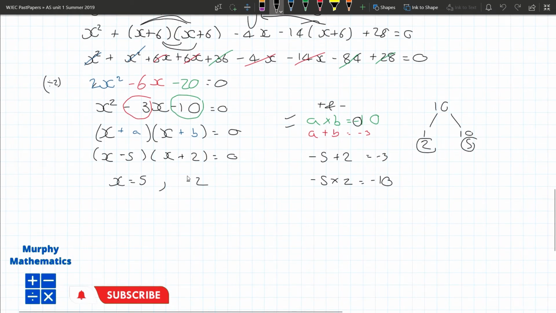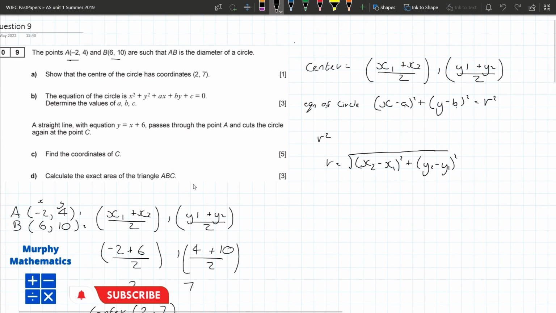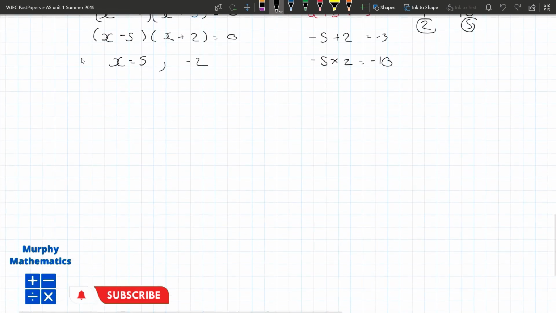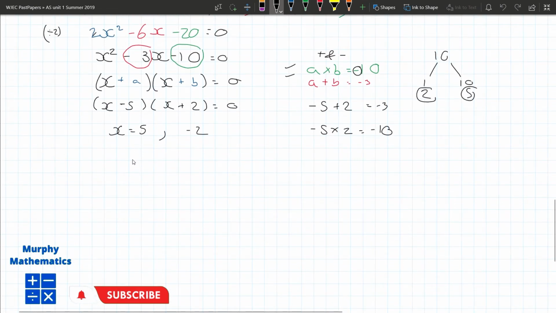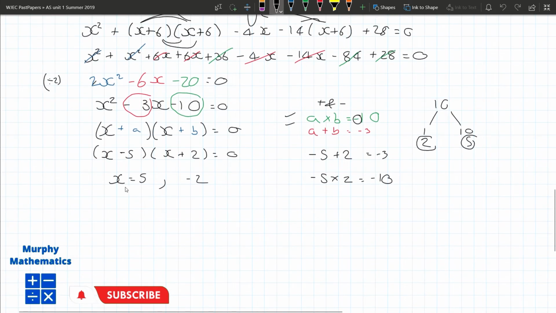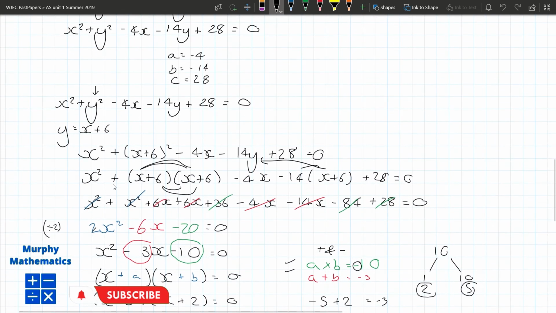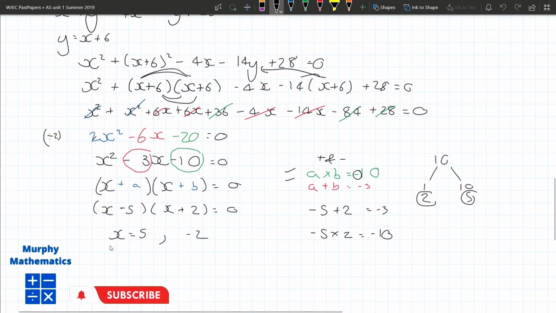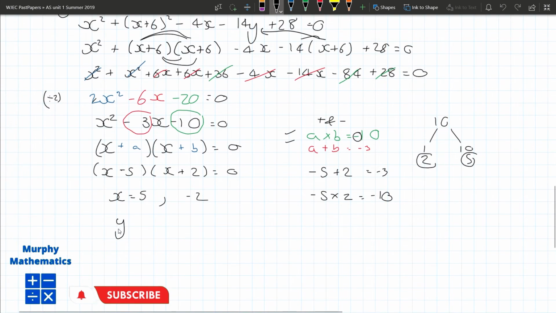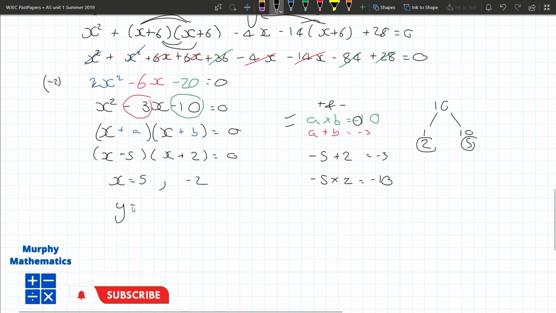And I've already found my minus 2 point, because minus 2 is just going to be a, because I've got minus 2, 4. So I know for my new point x equals 5. So I can now use this and find out my y part. So I can use y equals x plus 6.